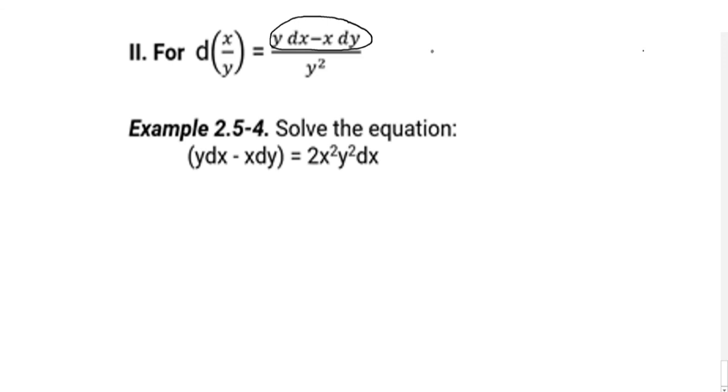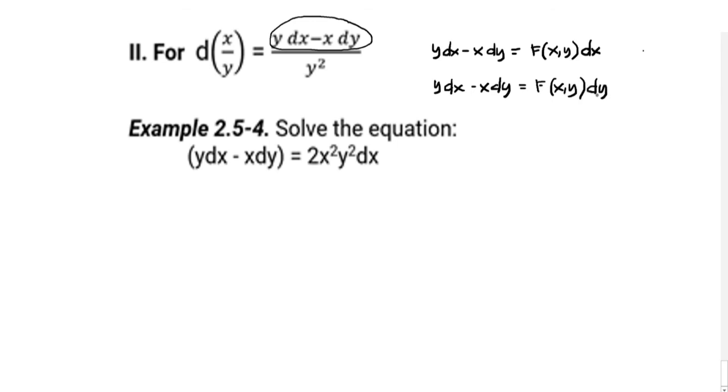Usually, the typical equation is y dx minus x dy, and on the right side is a function of xy times dx, or it can be dy. Y dx minus x dy, then you have a function of xy times dy.